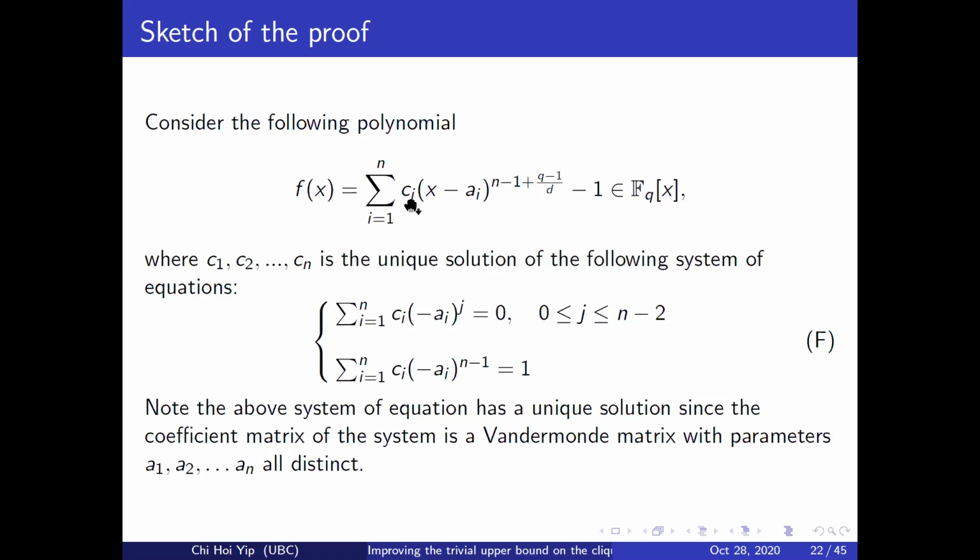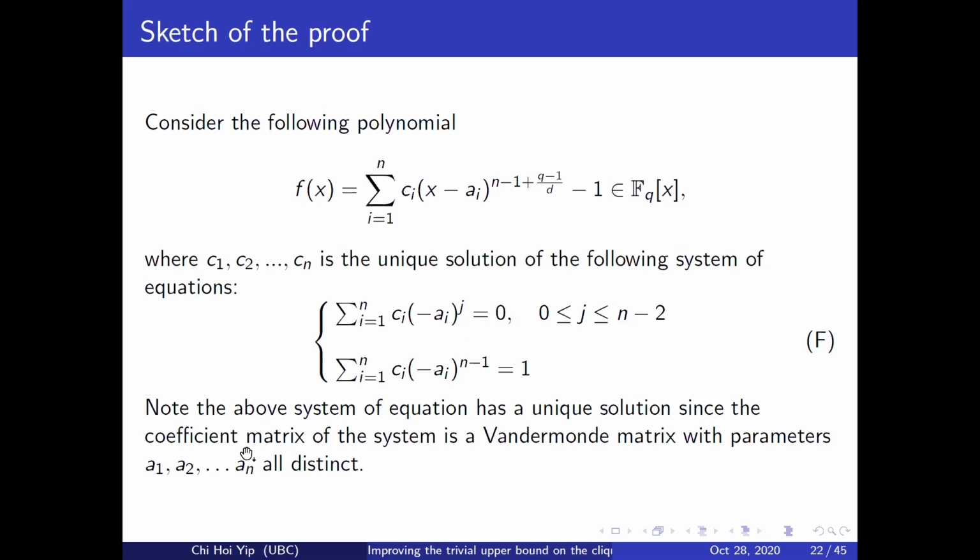This kind of coefficient c_i comes from this system of equations. We may notice that the coefficient matrix of this system is a Vandermonde matrix, and this Vandermonde matrix has parameters a1, a2 up to aN.